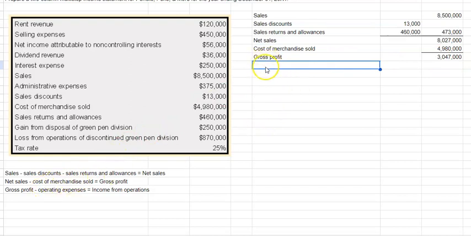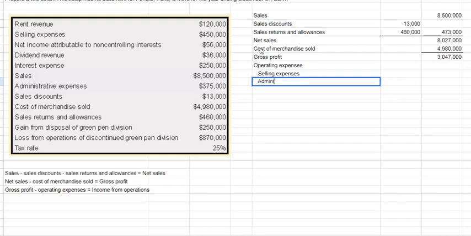Next, from our gross profit, we are going to take away our operating section and our operating expenses. And our operating expenses will usually have kind of like a header or a list starter, we could say. So in this case, operating expenses are usually separated into two main categories. And those two categories are usually selling and administrative.